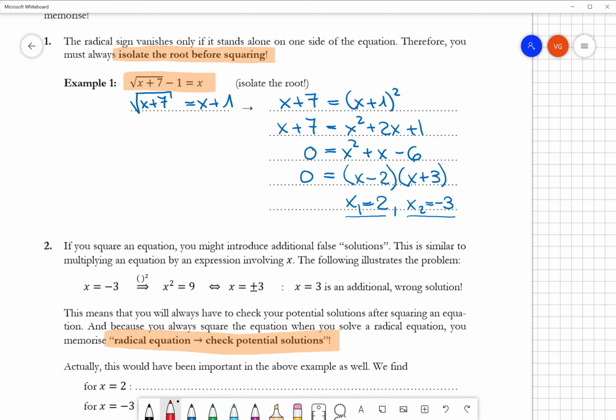Here in the example, we start out with a very simple equation. x equals negative 3. It's obvious what x is, negative 3, right? If we square this, what we get is the equation x squared equals 9. Now you do of course know that x squared equals 9 has two solutions, namely plus 3 and negative 3.